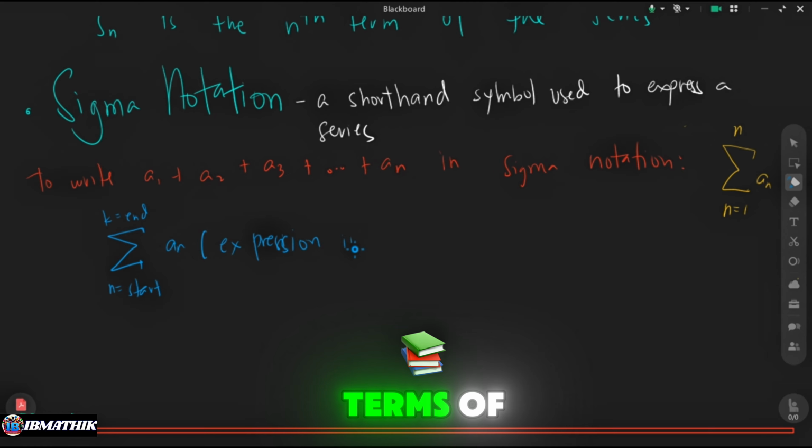So S4 is equal to 1 plus 3 plus 5 plus 7, and the answer is 16. Do not forget that the S subscript n is the nth term of the series.